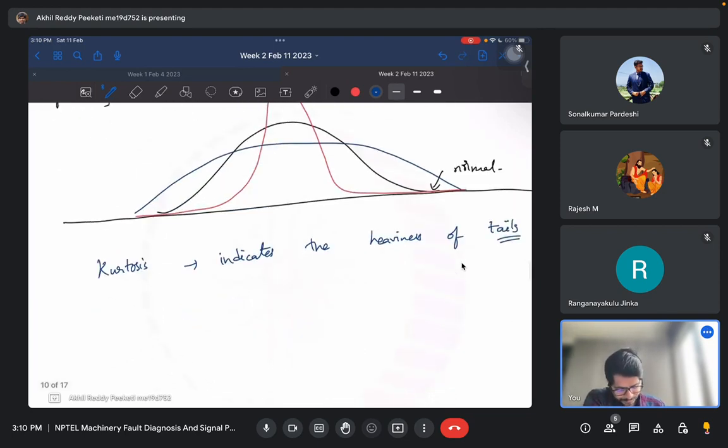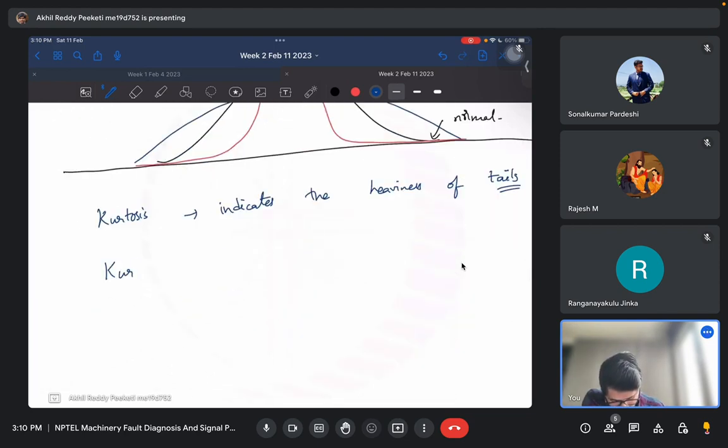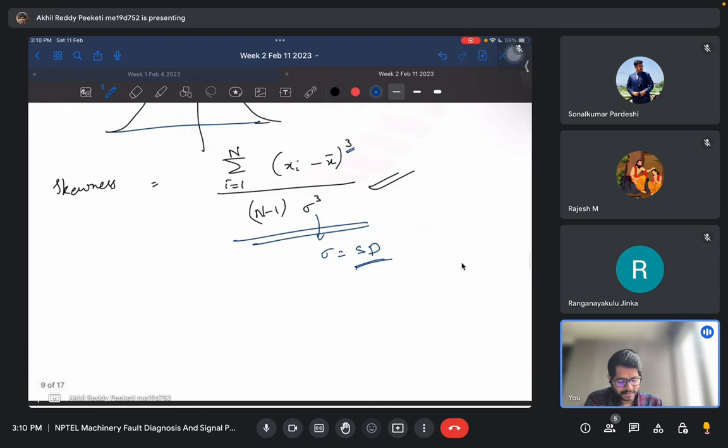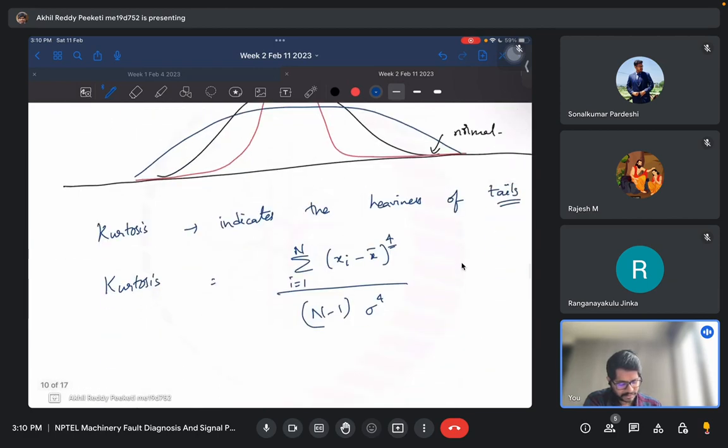So for kurtosis, the formula is, so here the power would be 4. For skewness, the order is 3 in both: xi minus x bar whole power 3 and sigma power 3. And in kurtosis, xi minus x bar whole power 4 and sigma power 4.